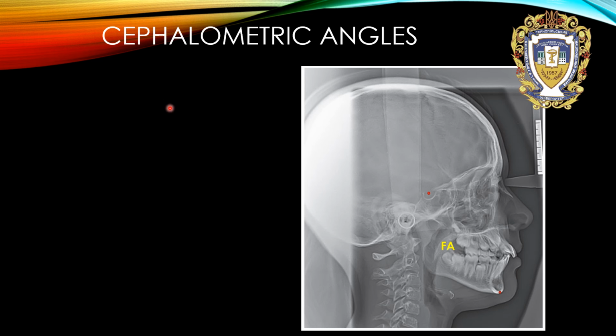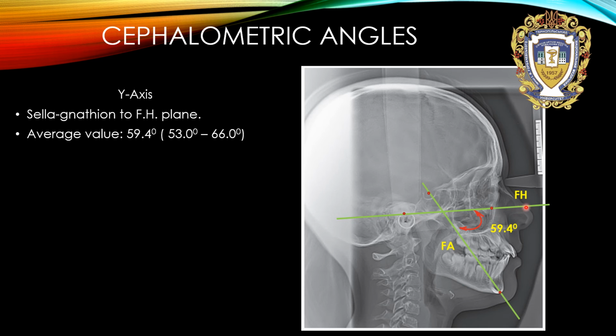Y-axis. It is the angle between the cephalometric line, sella to gnathion, and Frankfurt horizontal plane. Average value 59.4, but normal values can be from 53 to 66 degrees.